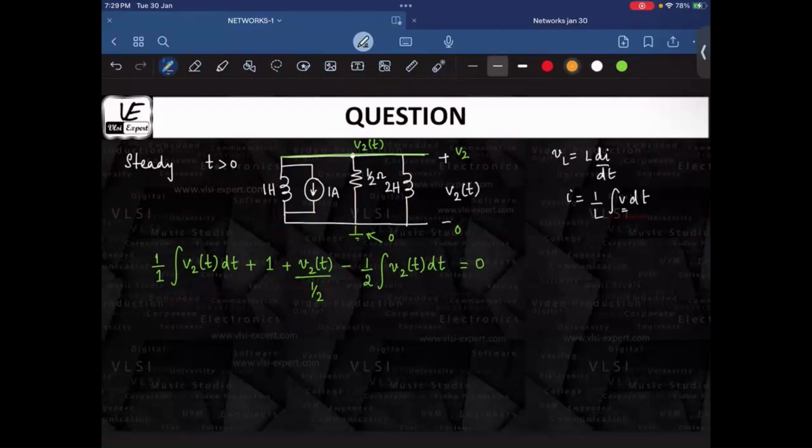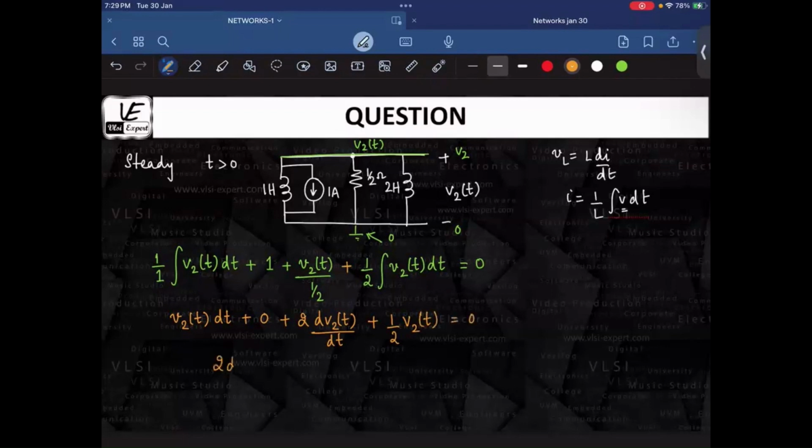So form a proper differential equation by differentiating both sides. So you get V2 of t, plus differentiation of 1 is 0, plus 2 dV2 by dt, minus, no, plus, sorry, this is plus half V2 of t, equal to 0.